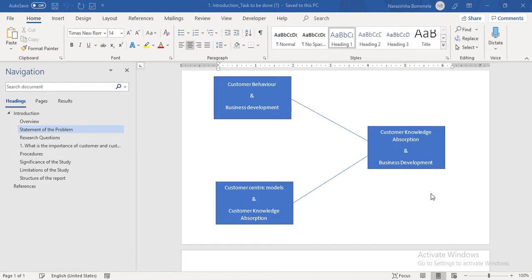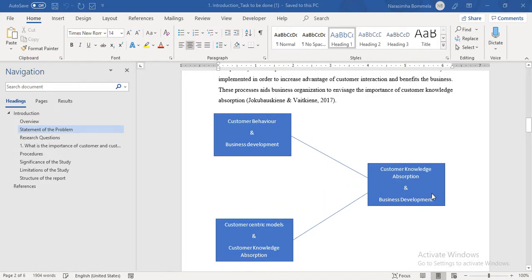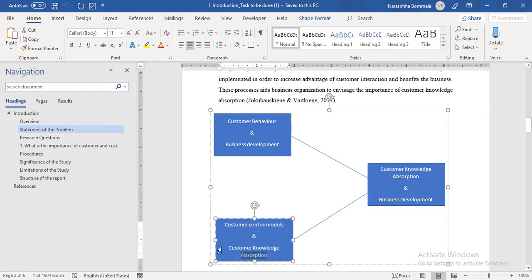This is the concept that we wrote about customer knowledge absorption and its importance to business development. This is the dependent variable. It depends on two different theories: one is consumer behavior and business development, and the other is customer-centric models and business development. This is one independent variable and this is another independent variable.